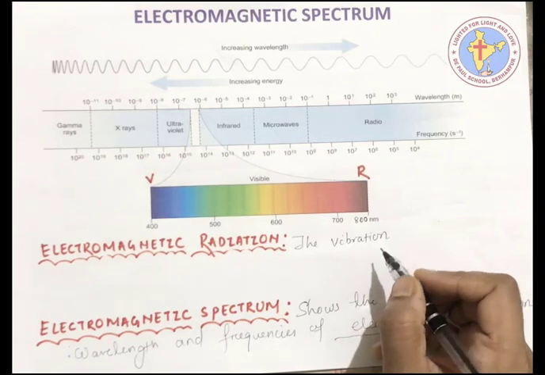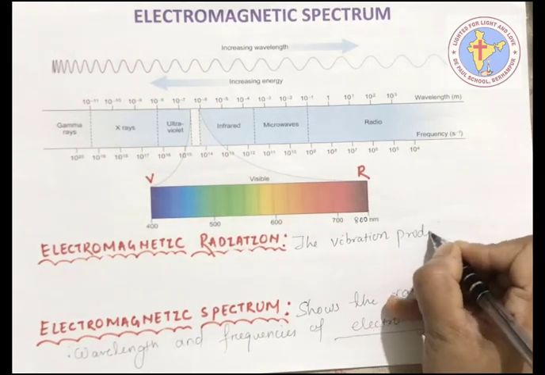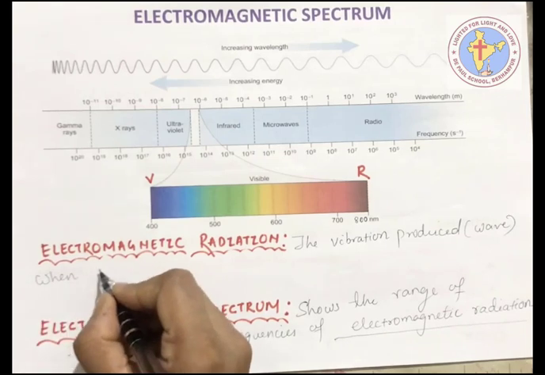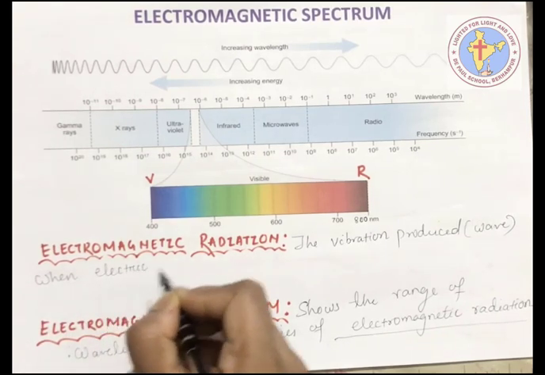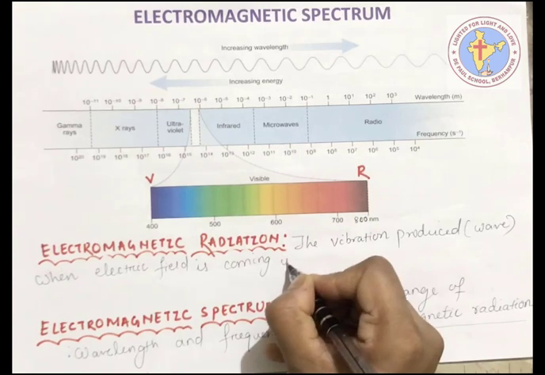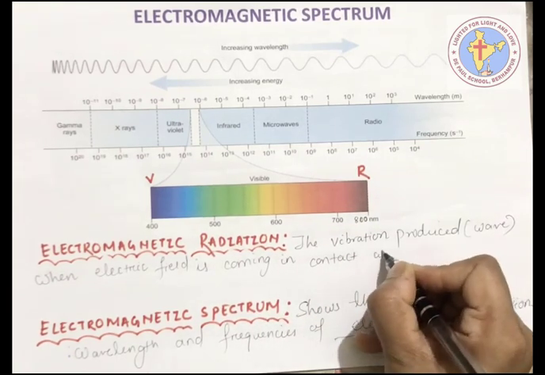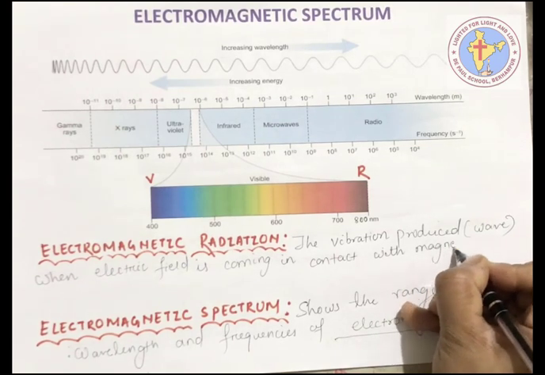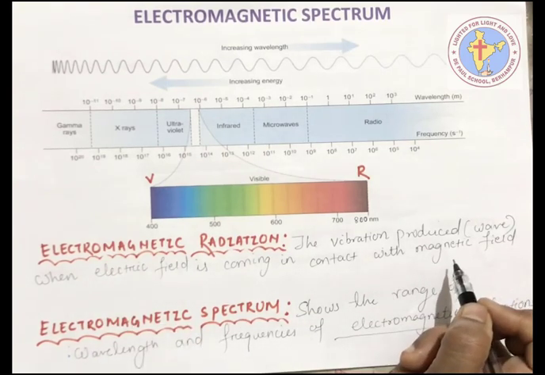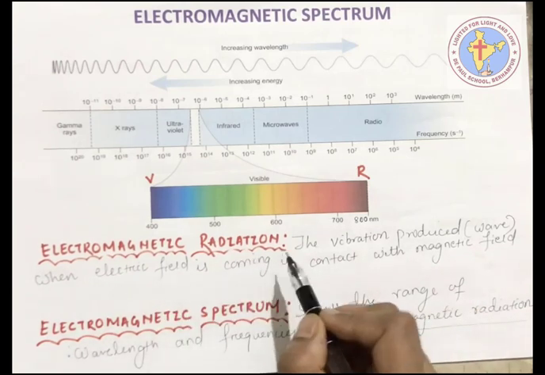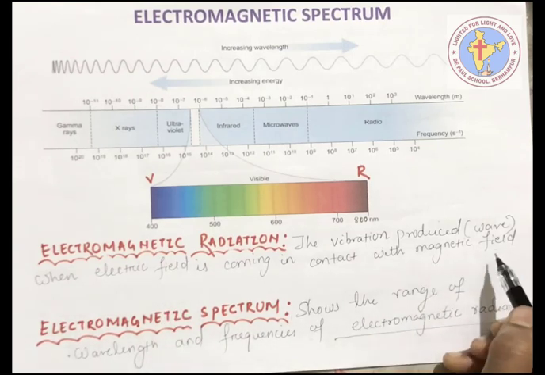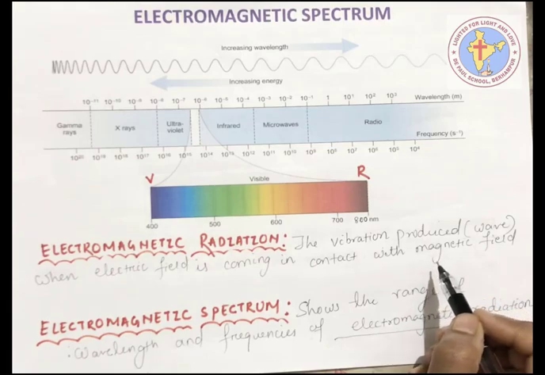So electromagnetic radiation can be defined as the vibration produced, in the form of wave, when electric field is coming in contact with magnetic field, and here electric field is perpendicular to magnetic field.